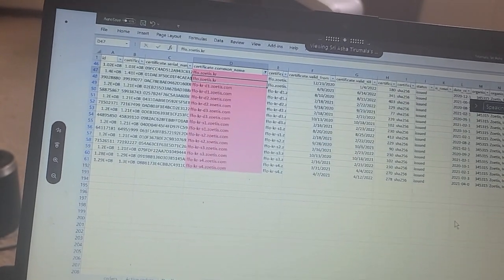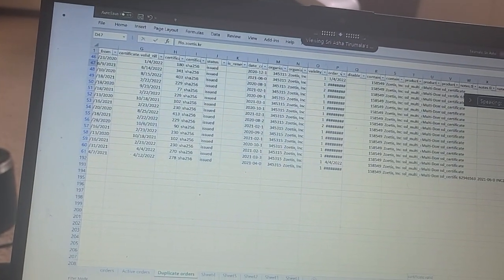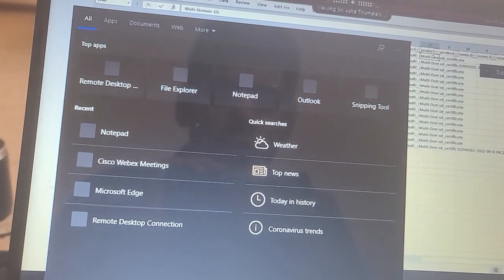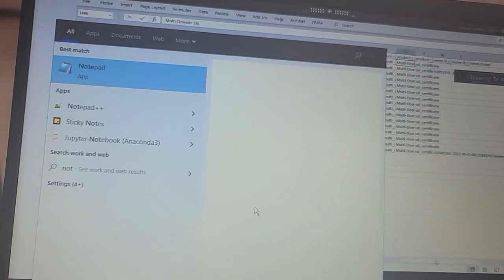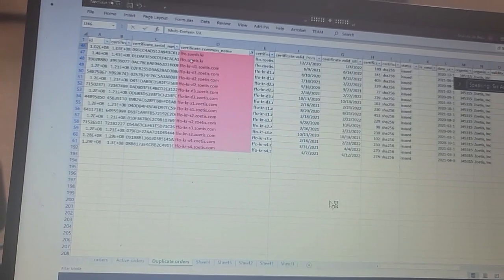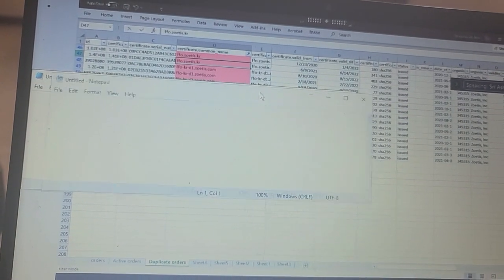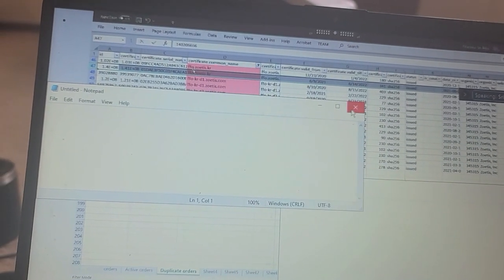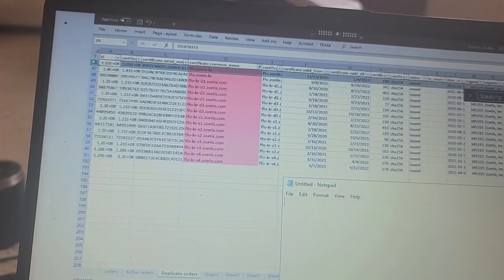Correct. Sure, Asha. Right. This is again multi-domain SSL only. If it is legacy, I would understand why they placed another order. Right. Yes, Asha. And unnecessarily creating confusion for us and for the application teams.